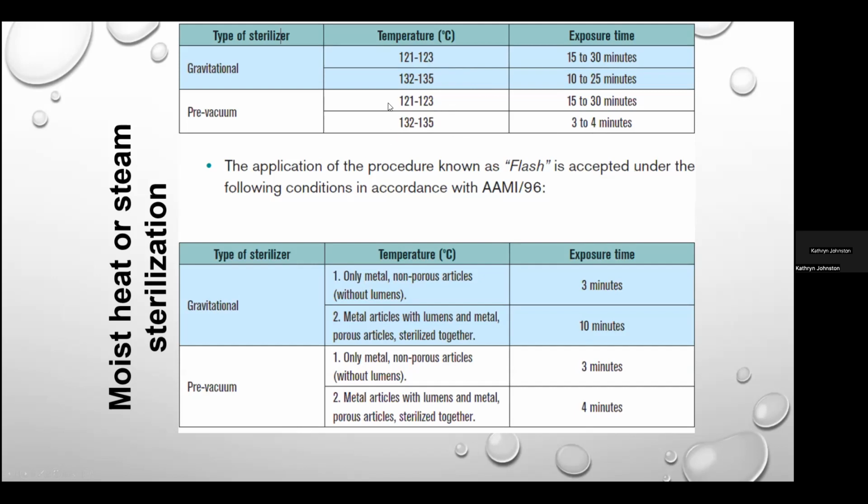When you go to a pre-vacuum, the times are more significant with the higher temperatures. So from 10 to 25 minutes in the gravitational, you can drop down to 3 to 4 minutes in the pre-vacuum. And while flash sterilization is utilized in some instances, it's definitely not recommended.